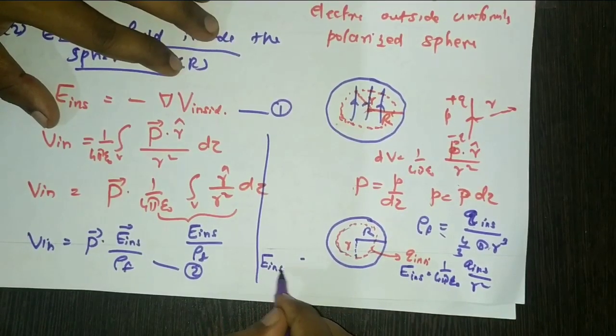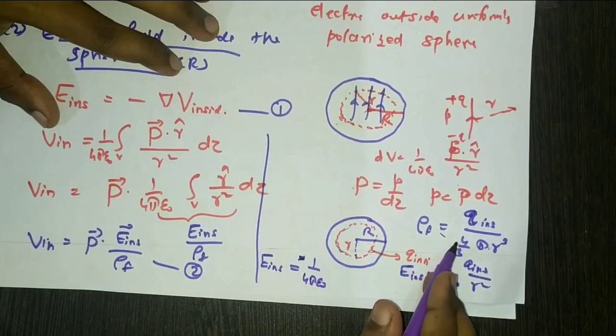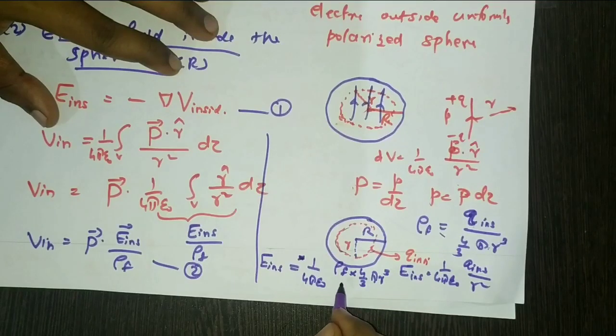Therefore, E inside can be written as 1 by 4 pi epsilon 0, rho f into 4 by 3 pi r cube divided by r square.